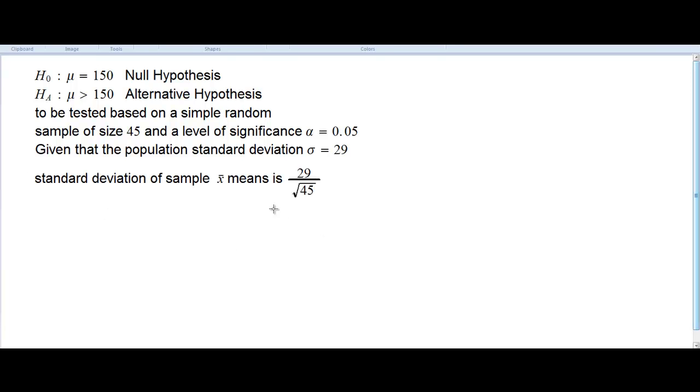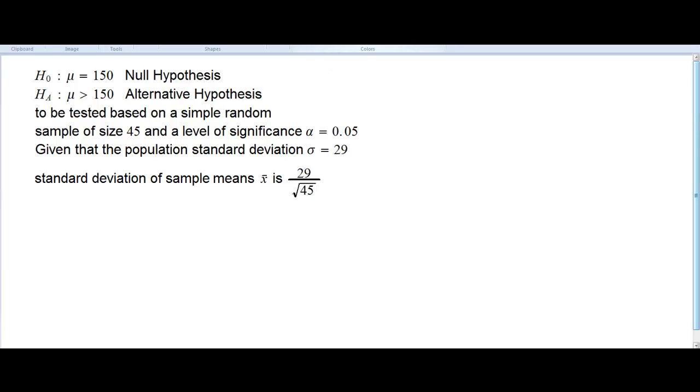So now if this is the case, then we have the standard deviation of sample means, denoted by x bar, as 29 divided by the square root of 45, the sample size.